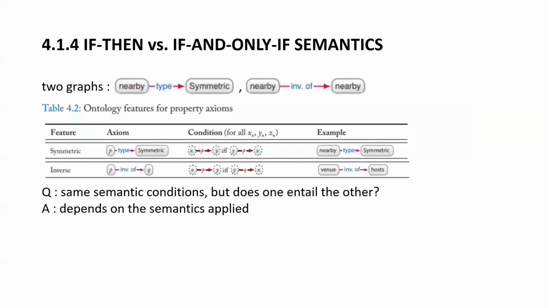Next is if-then versus if and only if semantics. Considering the two graphs, nearby type symmetric and nearby inverse of nearby, both graphs have the same semantic conditions applied to the domain graph. But the answer to the question of whether one entails the other depends on the applied semantic system.